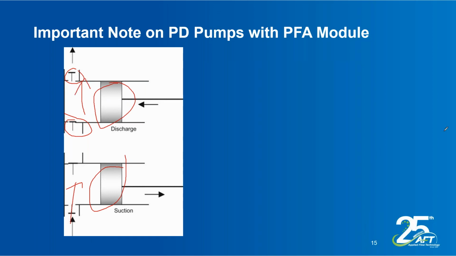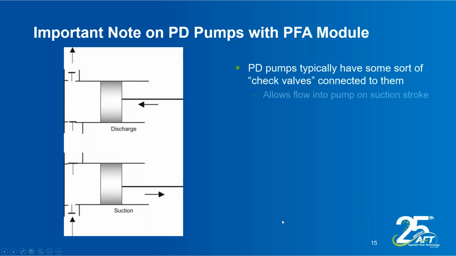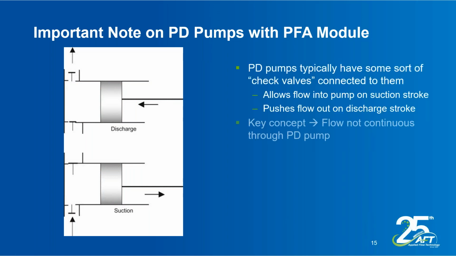So the thing is, when you have your PD pump operating on its various suction and discharge strokes, the flow through the pump is going to be intermittent. It's not going to be continuous through the pump at all times.